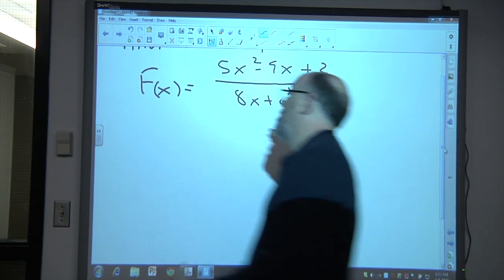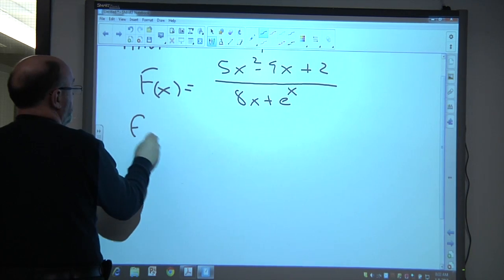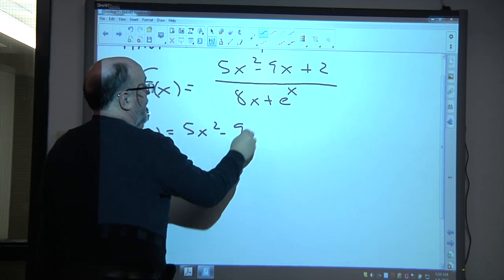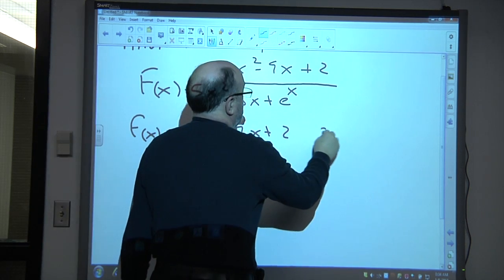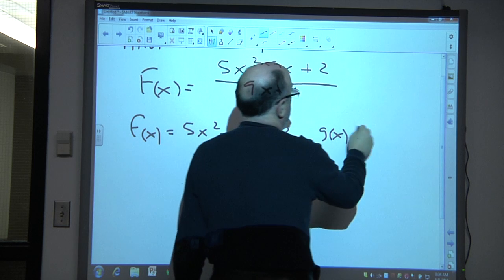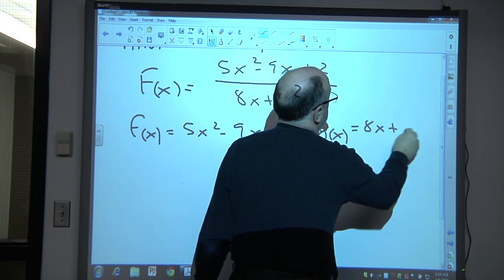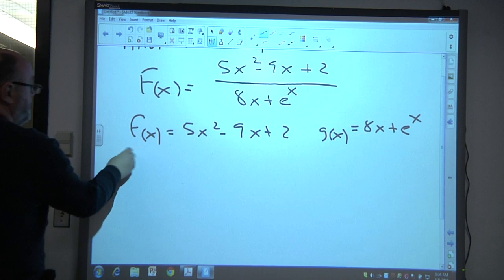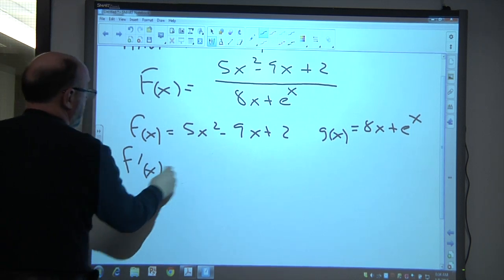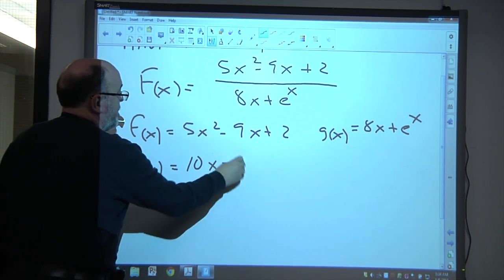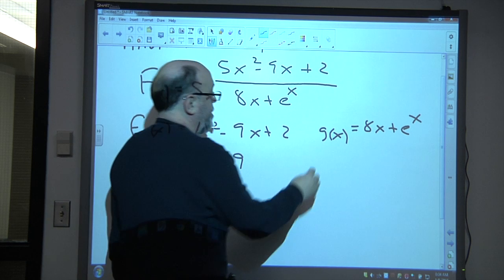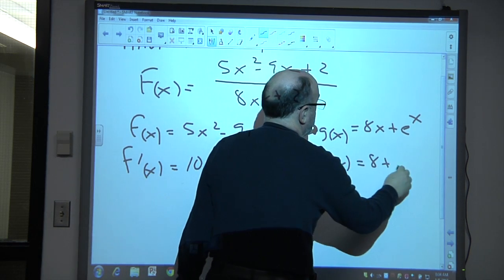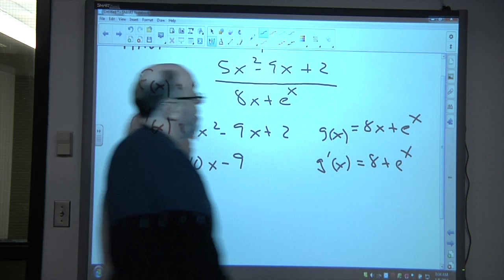So little f is 5x squared minus 9x plus 2. G is going to be 8x plus e to the x. My derivative of the top is 10x minus 9, and then the derivative of the bottom is 8 plus e to the x.